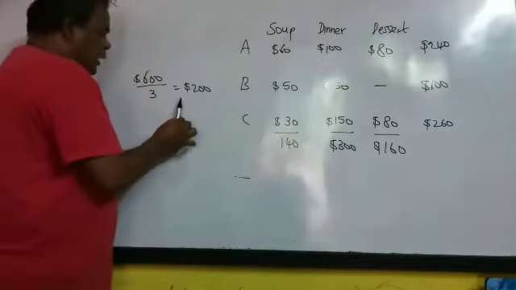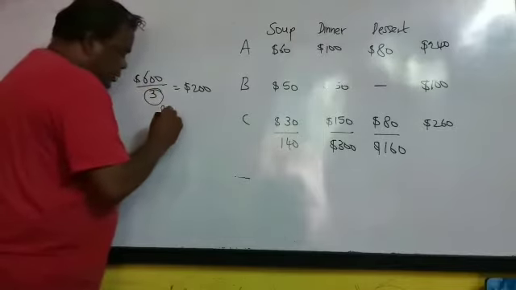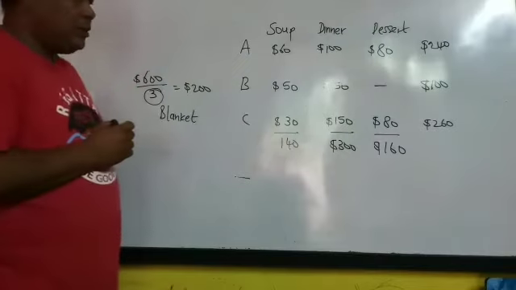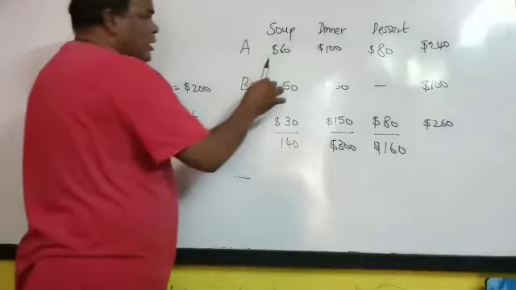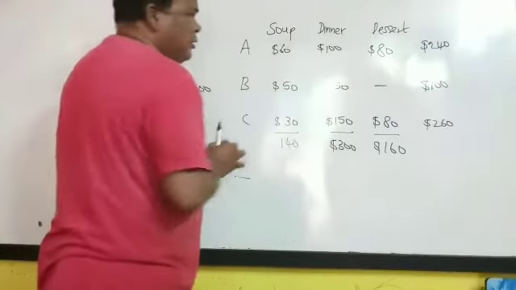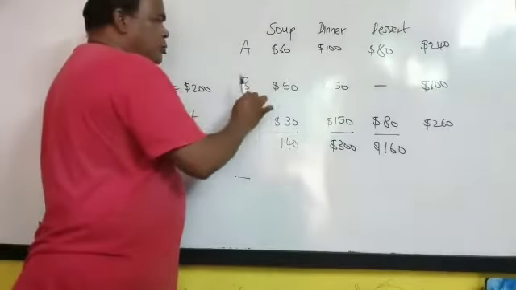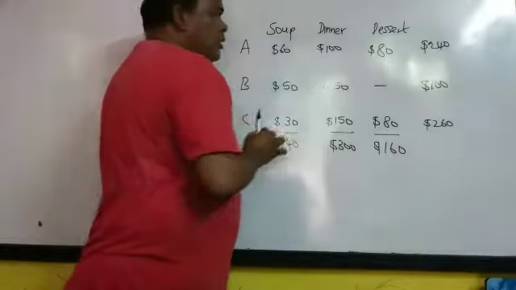The cost per unit has been calculated by using a blanket rate. This is called a blanket rate, number of persons. Else, it could have been calculated individually for each. A has taken soup $60, dinner $100, and $80 for dessert.